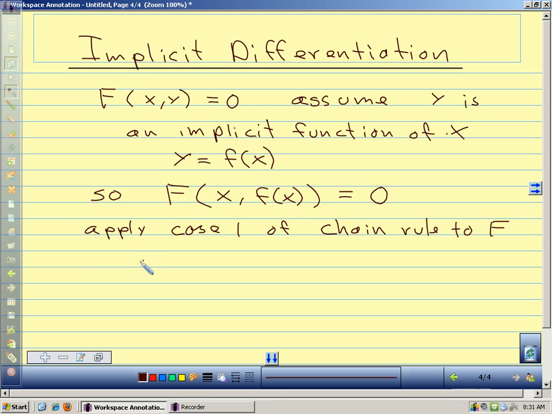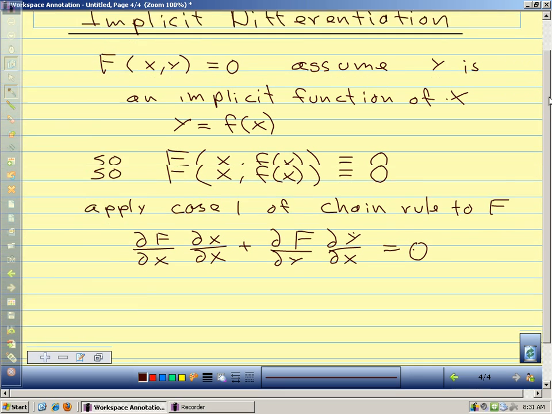So df/dx, and remember our function equals 0, that's important here. df/dx dx/dx plus df/dy dy/dx equals 0. And since y is just a function of a single variable, I could have written our regular straight d's for these derivatives.